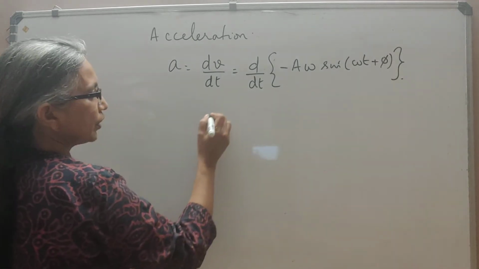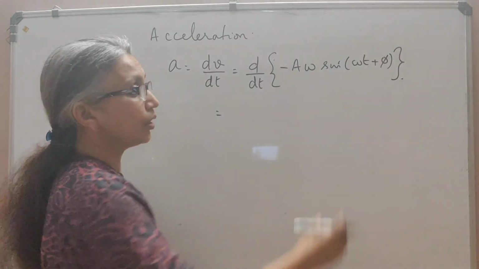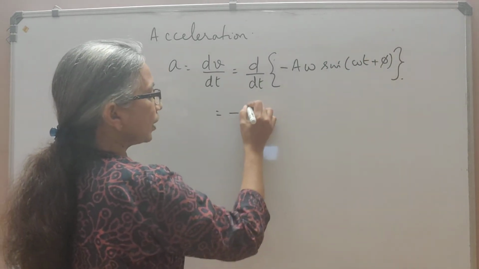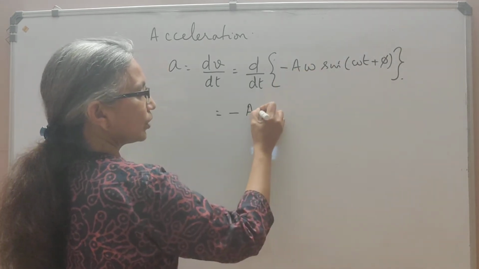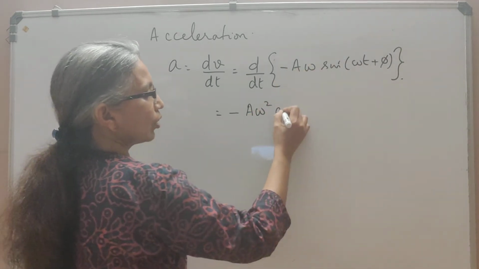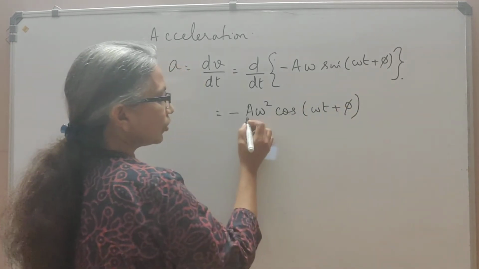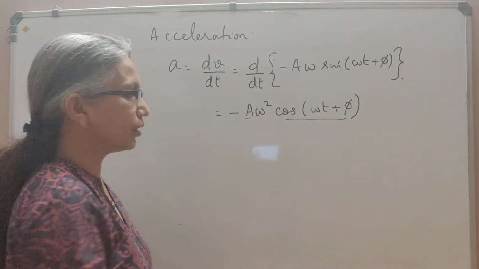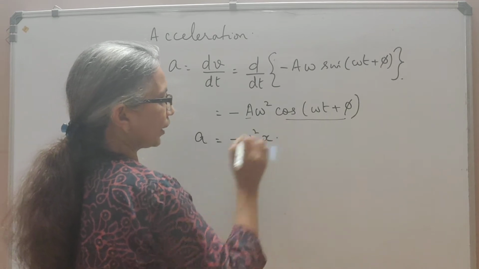Now I am going to differentiate this. Sine theta differentiates to cos theta. When I differentiate this, there is an omega here, which I bring outside. So this will be minus a omega square cos omega t plus phi. Now this a cos omega t plus phi is what we have as x. So you may also write the acceleration is minus omega square x.